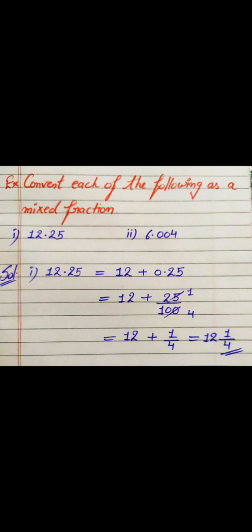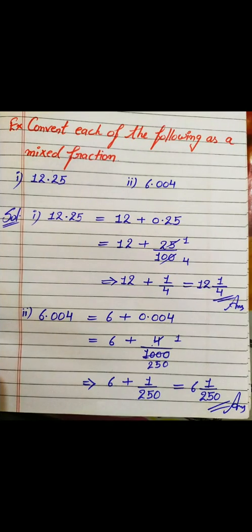So after simplification you will get 12 plus 1 upon 4, and this 12 plus 1 upon 4 can be written as 12 whole 1 upon 4. This is a mixed fraction. Now next is 6.004. Again it has two parts, the whole number part and the decimal part. We do the same, simplifying only the decimal part.